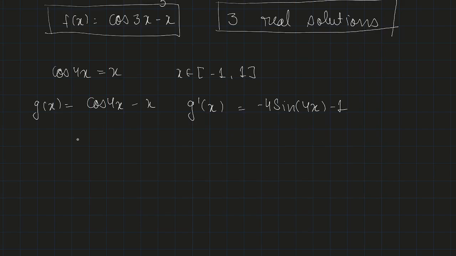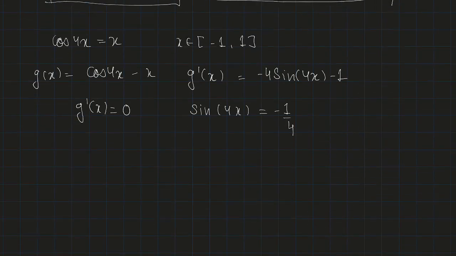I take this to be 0 to find the critical points, and that happens when sine of 4x equals minus 1 over 4, with x between -1 and 1. Again, you can plot it, and it's something people should know from trigonometry, that this has exactly two solutions again.